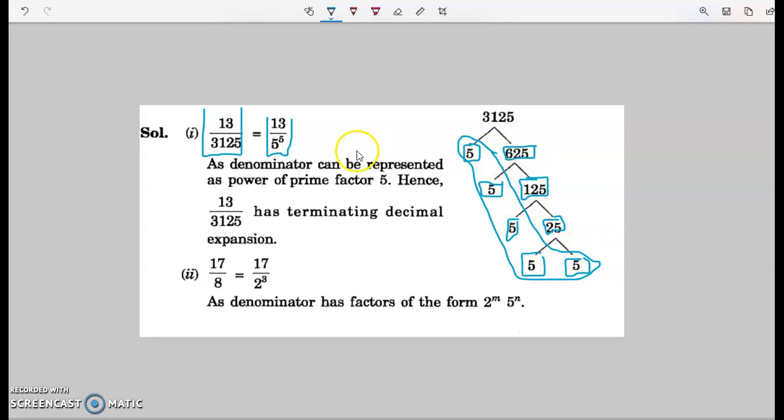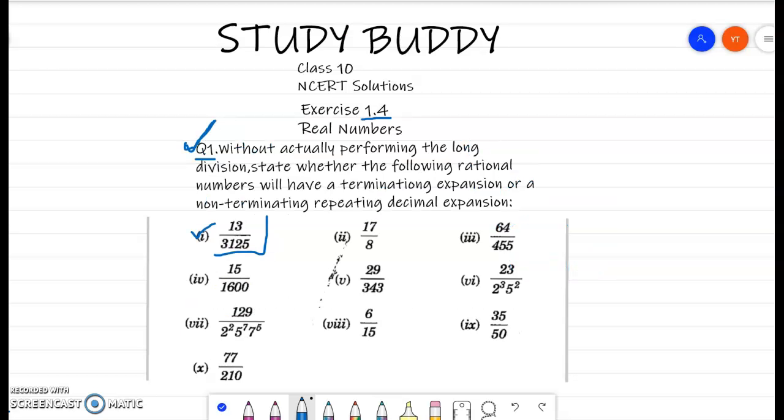So 5 power 5 is the prime factorization of 3125. As the denominator can be represented as a power of prime factor, that is 5, hence 13 by 3125 has terminating decimal expansion. Moving on to the second question, 17 by 8.